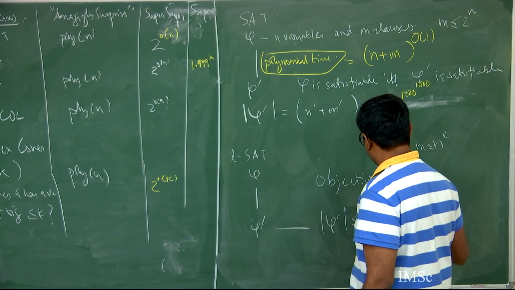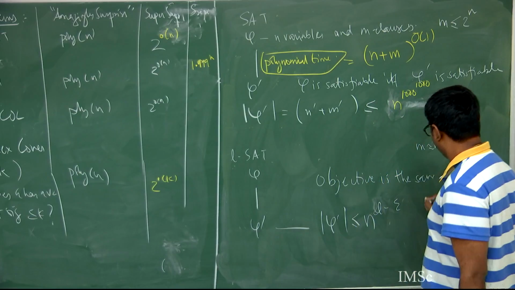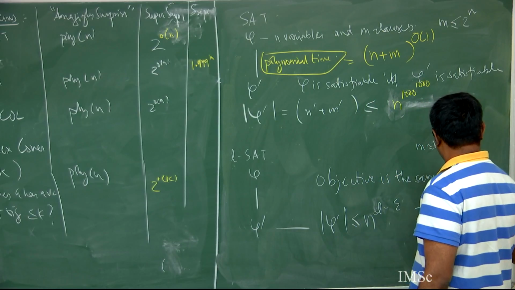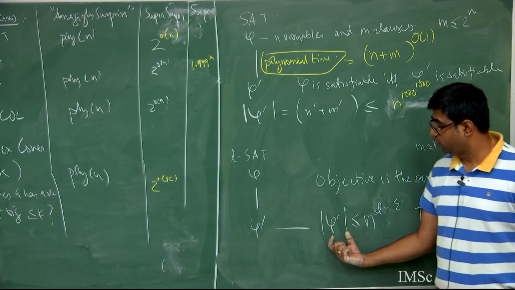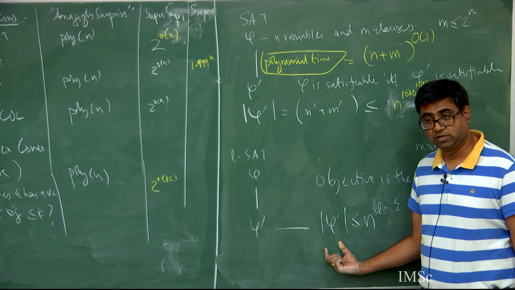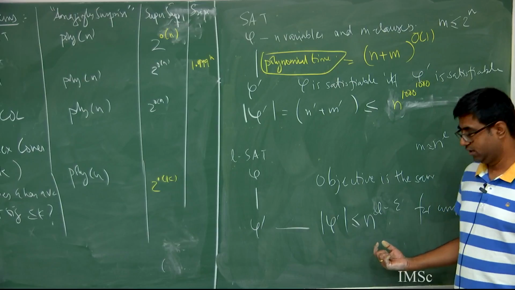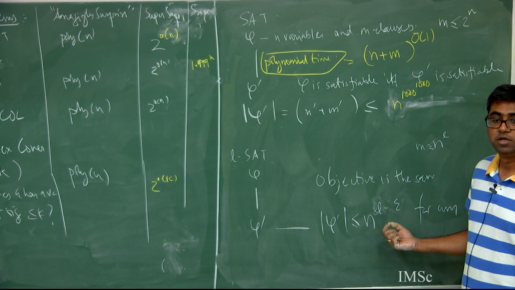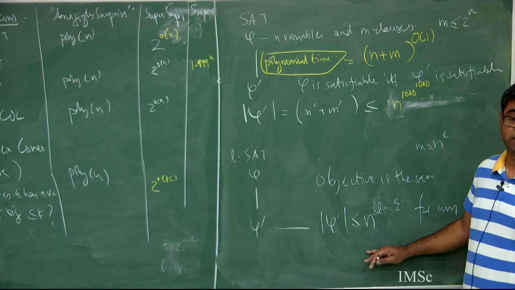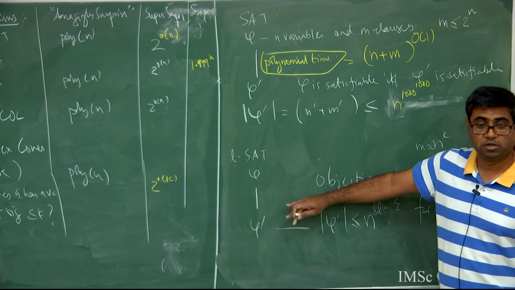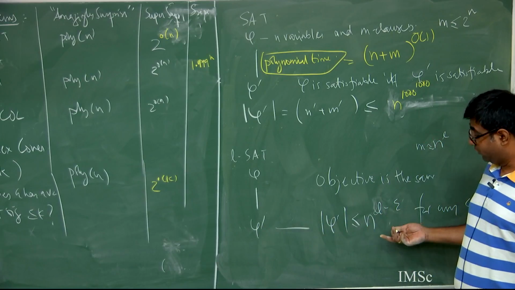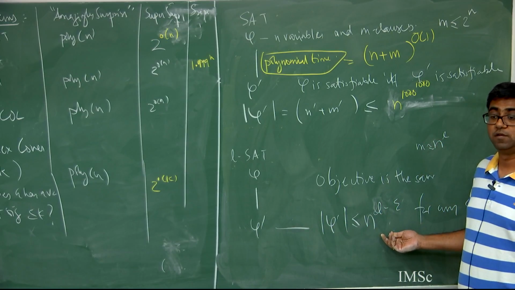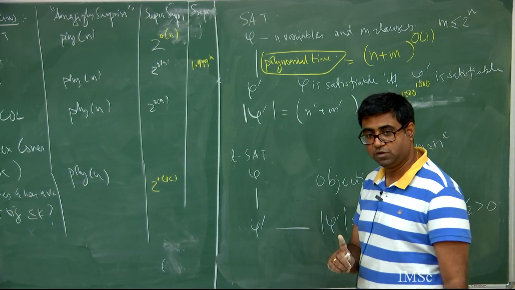Or say, I am happy with L minus epsilon for any epsilon greater than 0. So I want an algorithm which outputs a formula phi prime, does not solve it, and its size is at most n to the power L minus epsilon. For me, this is a surprising object to have. This polynomial time algorithm which takes an instance phi and returns phi prime with this much size is surprising. I use the word polytime.